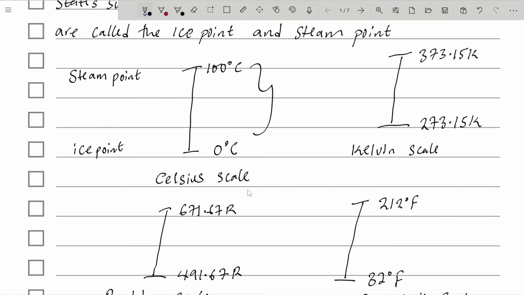When you do 100 degrees Celsius minus 0 degrees Celsius, you have 100. Likewise, for the Kelvin scale, the magnitude are identical. The steam point minus the ice point will give you 100.